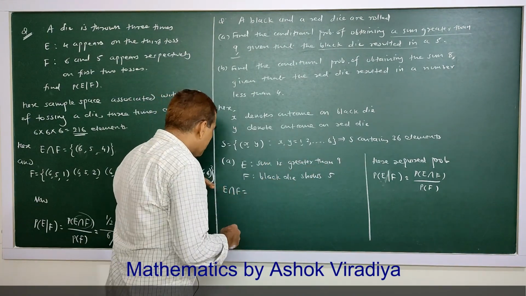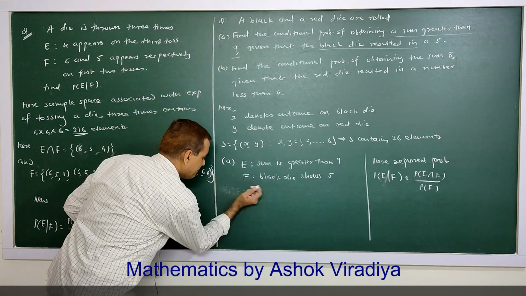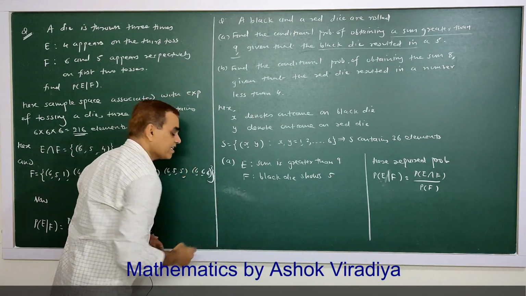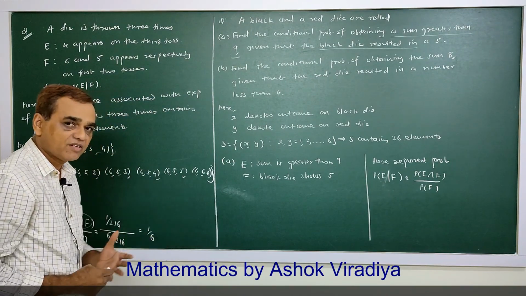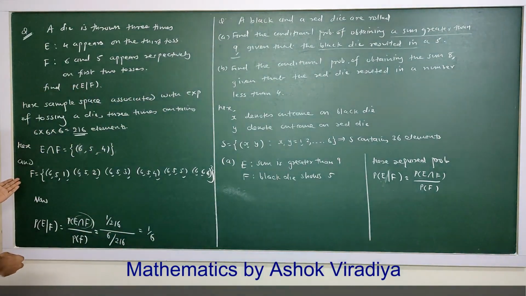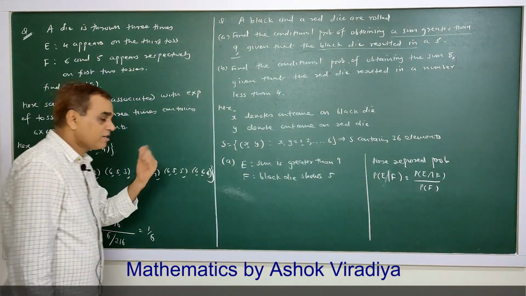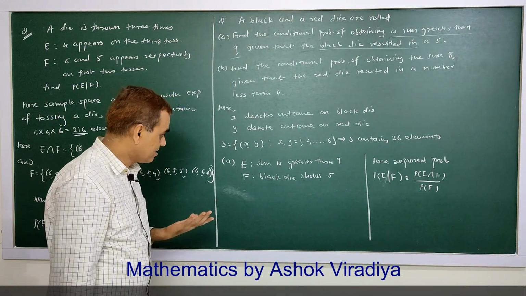We can also list E and F individually without finding E intersection F directly. Here the number of elements was more, so we found E intersection F directly. In event E, the number of elements was greater, so here we didn't list the elements of E directly; we found E intersection F. But here there are not a greater number of elements.